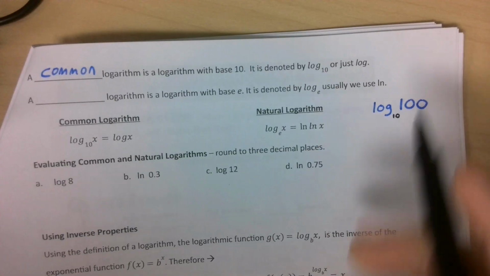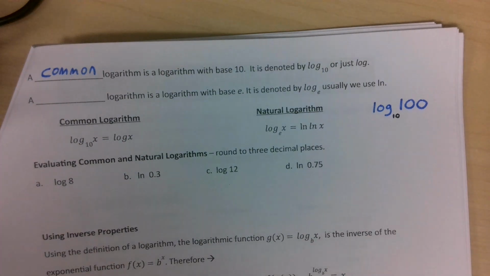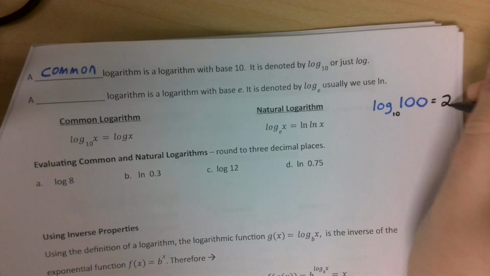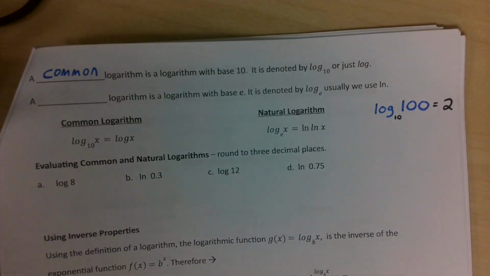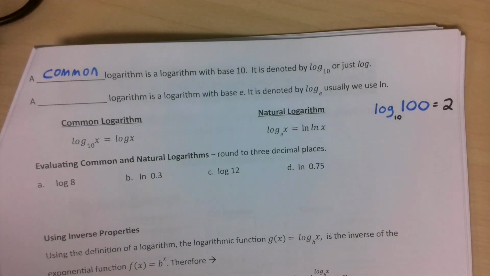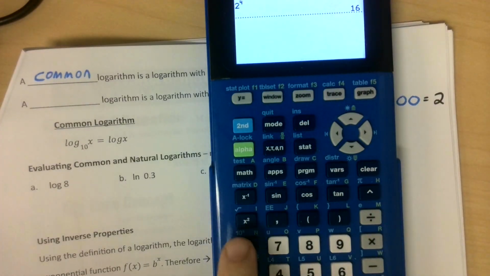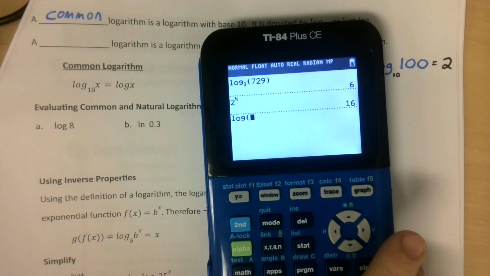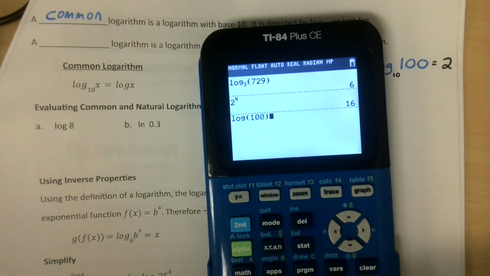So this is asking us, 10 to the what power equals 100? Well, 10 squared is 100, so log of 100 is just 2. In fact, let's check it. I told you we'd use this log button later. The log button next to the 7 is the common log. So if I ask what the log of 100 is, we get 2. Perfect.